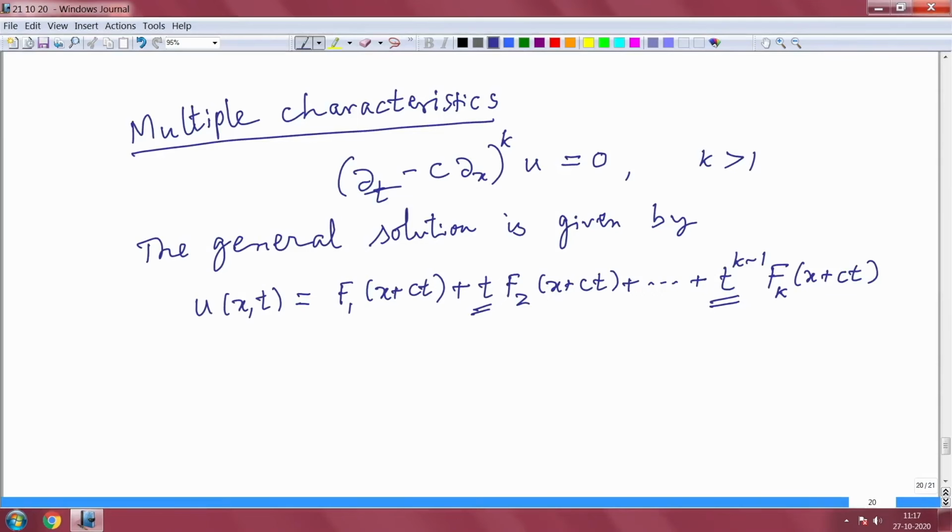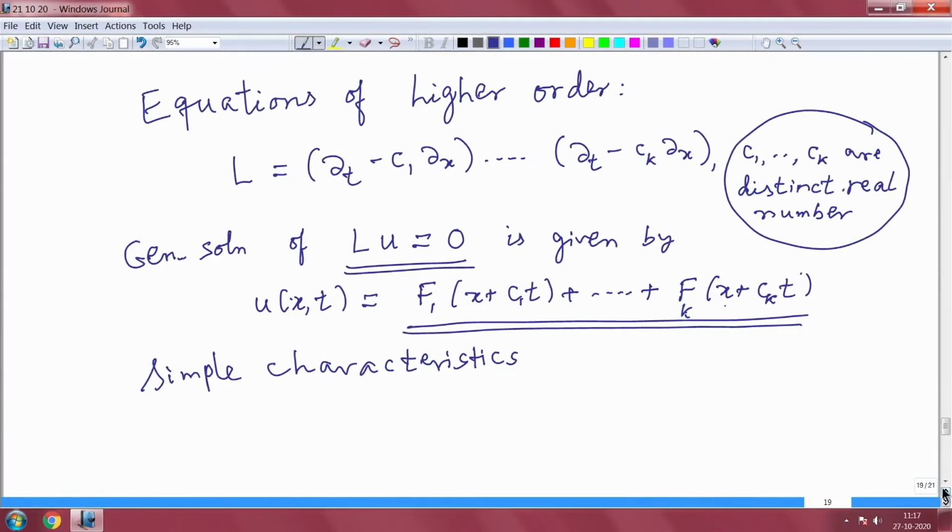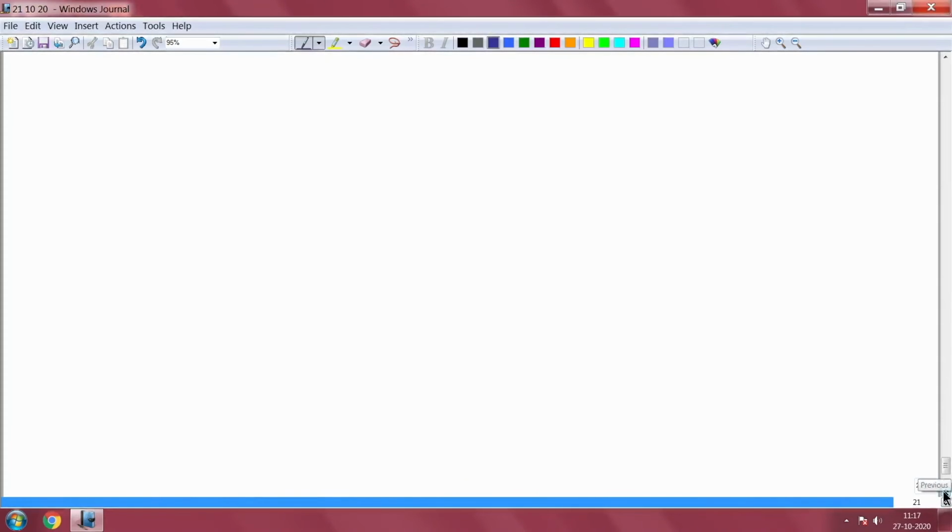Okay. So, now we can combine these two, simple characteristic equation and multiple characteristic equation, into a single one. So, a more general equation, general operator.